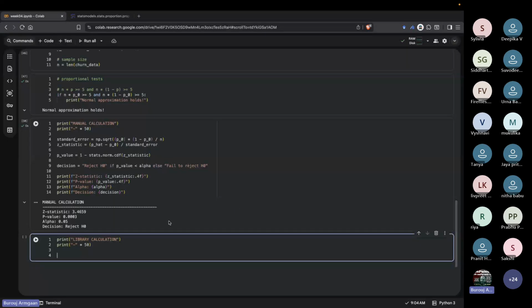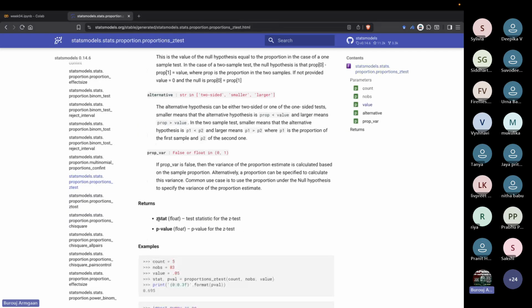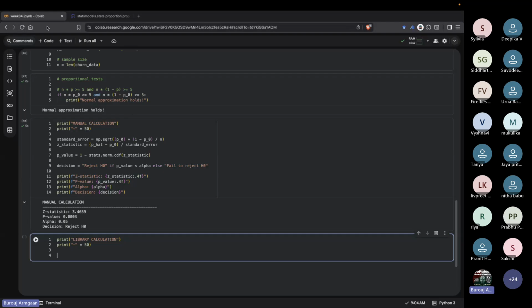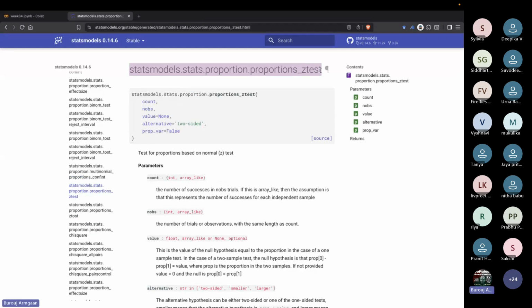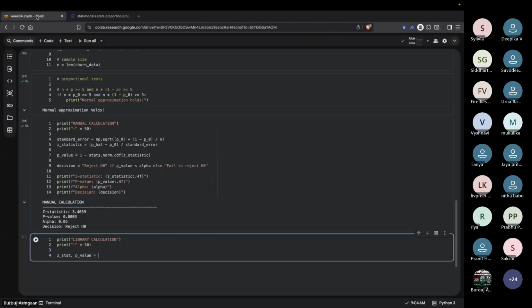This returns two things. It returns the z-stat and the p-value. So we say z-stat comma p-value is given by, we can import this.